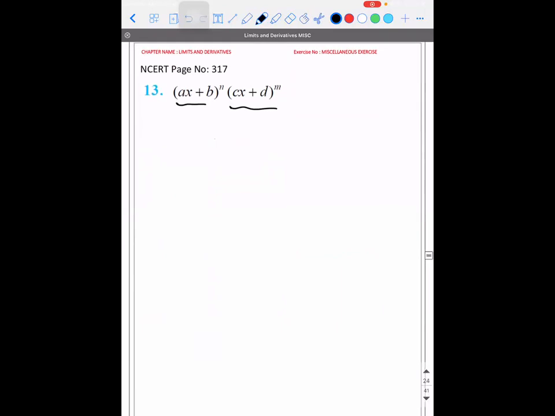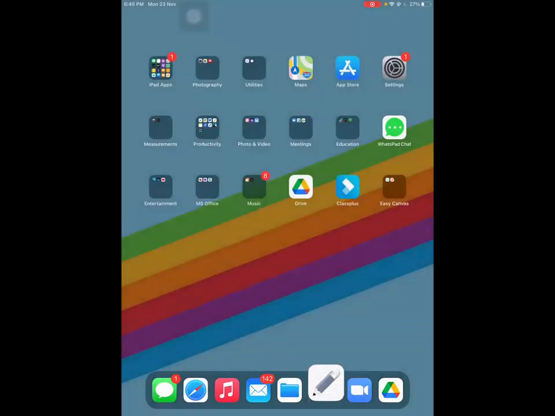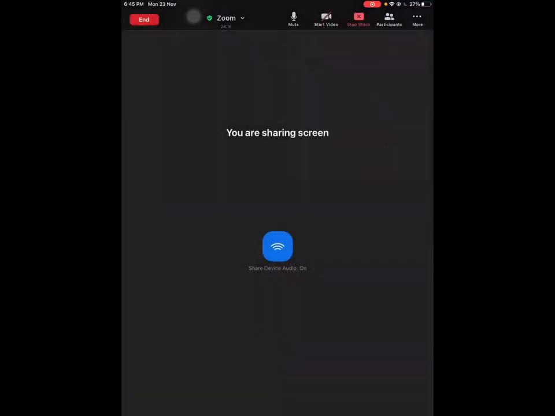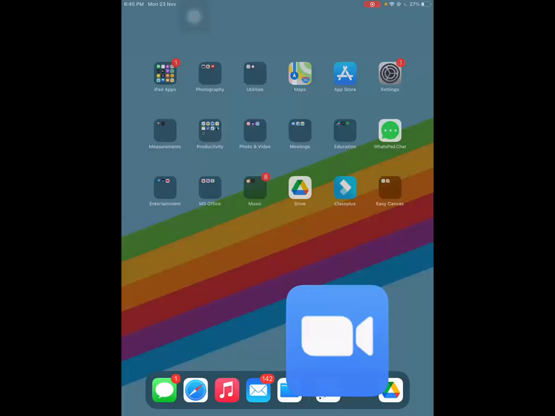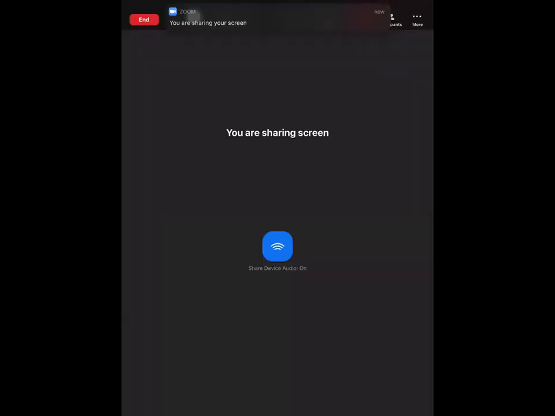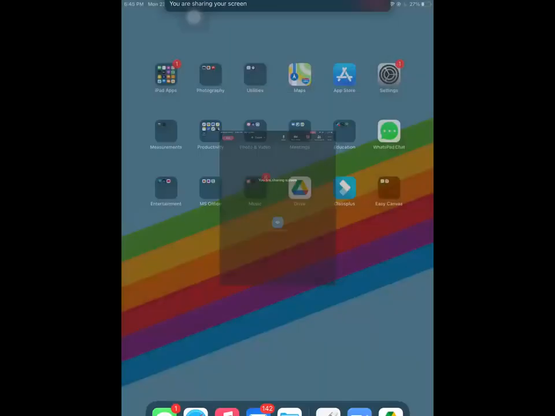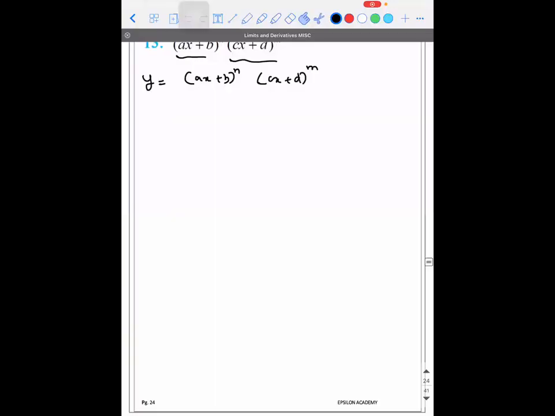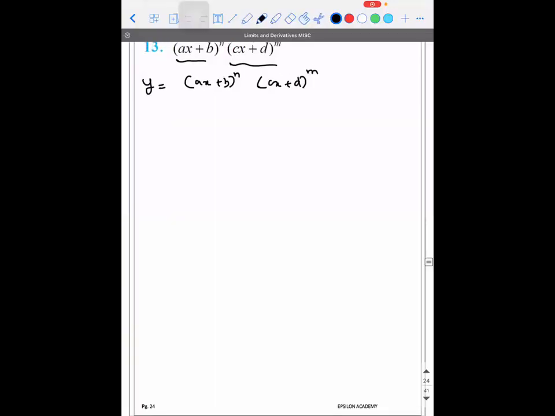Okay. Similarly, try this problem. y is equal to ax plus b the whole power n into cx plus d the whole power m. So dy by dx is how much?